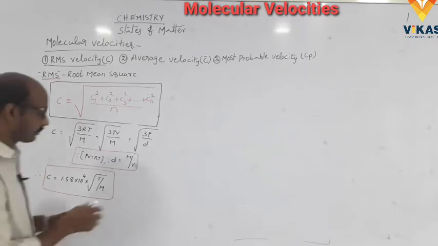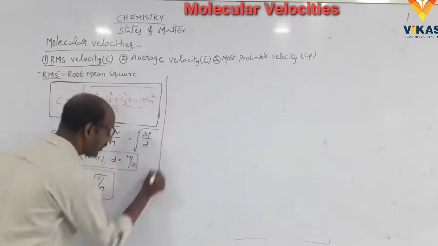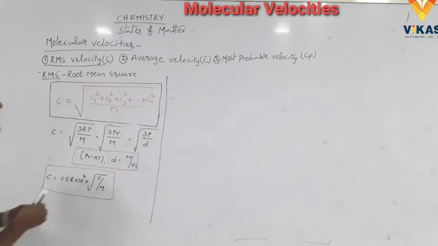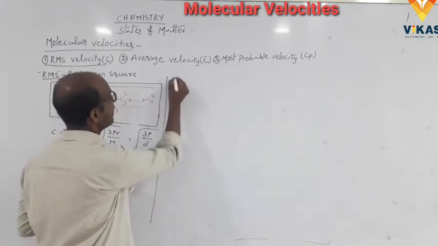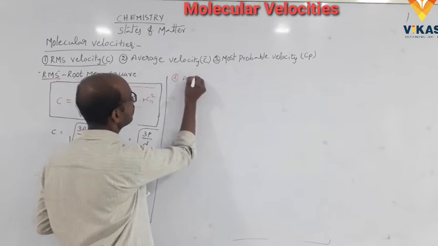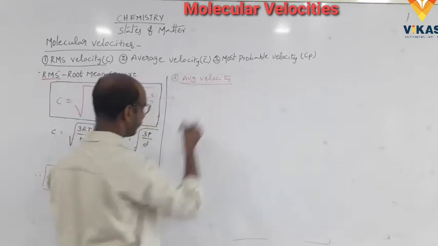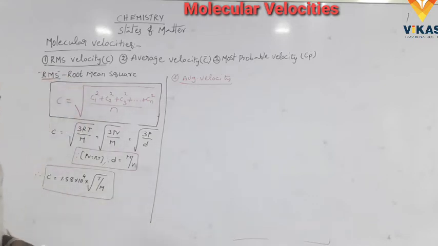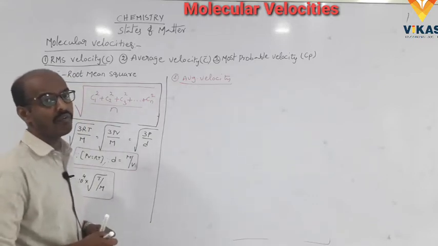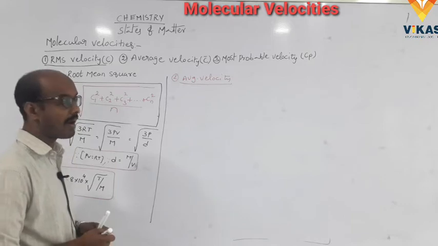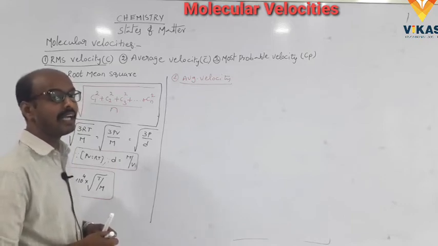Okay? Clear? RMS velocity done, and next one, the second one, average velocity. So what is the average velocity? It is the average of the velocities of the molecules of the gas at any temperature.